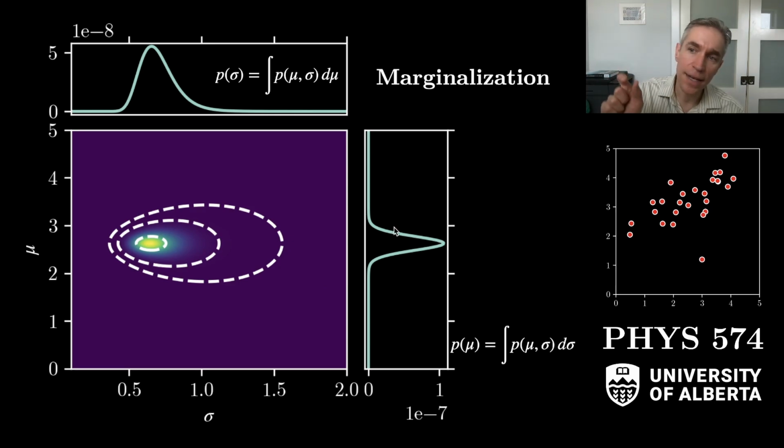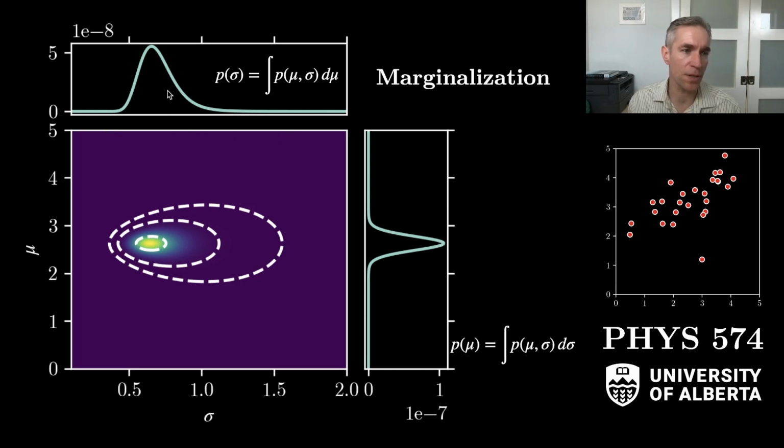And so that is the analysis that we would carry out if we cared about what the value of mu was independent of sigma. We can also integrate this in the vertical direction and marginalize over all values of mu, and that'll give me a distribution of sigma.